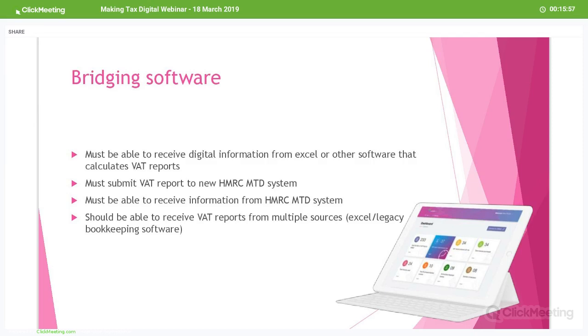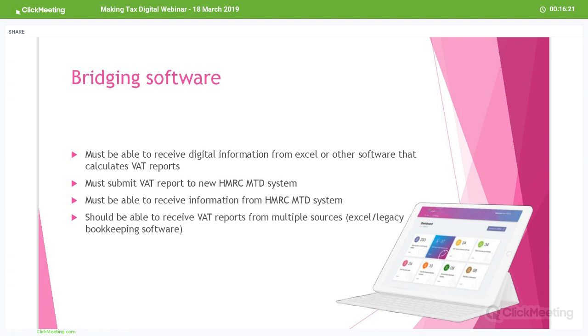So what is bridging software? I've briefly alluded to it, but again, it must be capable and able to receive digital information from Excel or other software that calculates VAT reports. It must submit the VAT report to the new HMRC MTD system. Like bookkeeping software, it must be able to receive information from HMRC MTD systems.